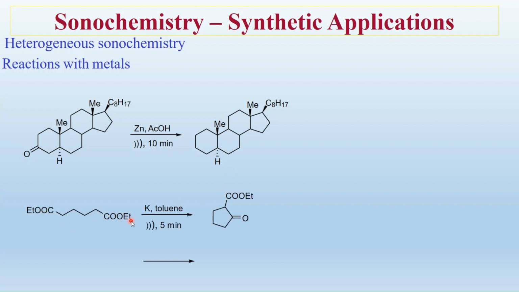The diester, in the presence of potassium metal and toluene as solvent, when it is irradiated for 5 minutes, underwent cyclization to give the corresponding cyclopentanone derivative.